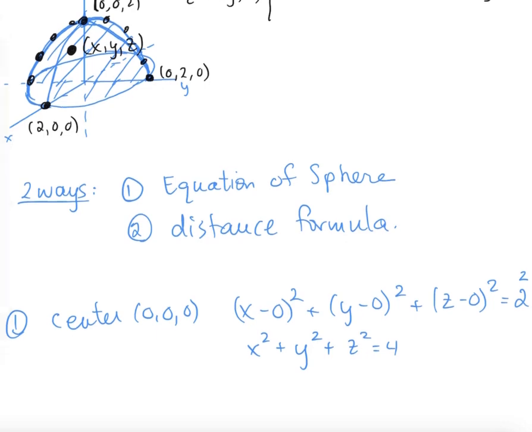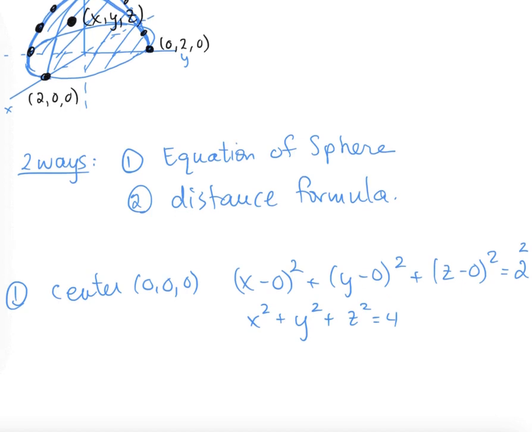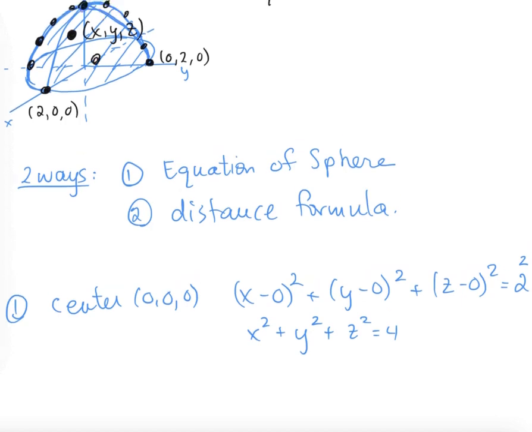So we need to limit this to being just the upper hemisphere and as well all of the ordered triples that are inside. If we think about the ordered triples that are inside here, the sum of all three of these coordinates squared and added together is going to have a maximum sum of 4. And if I have a smaller x value, a smaller y value, or a smaller z value, putting me kind of inside the sphere, then the sum of those squared quantities is going to be less than 4.